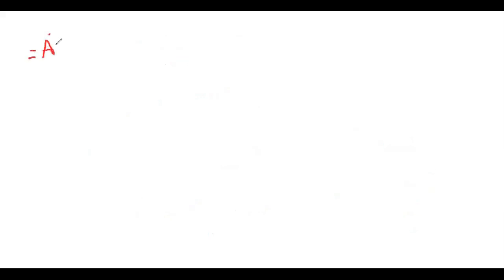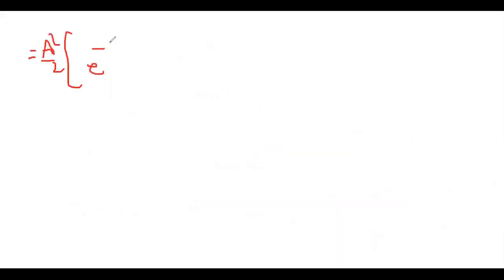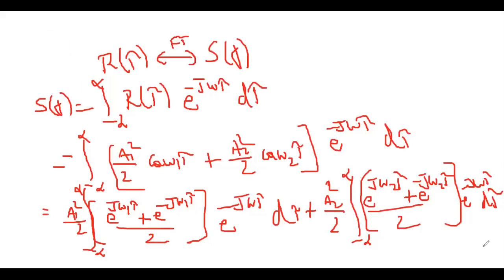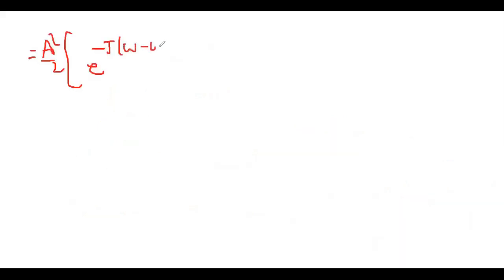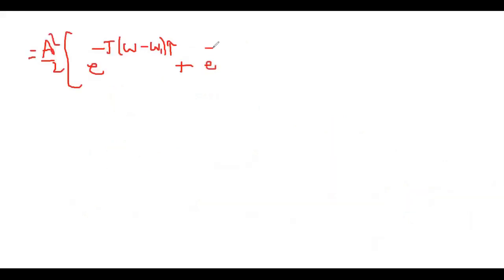It is a1 square by 2 multiplied with the integral from minus infinity to infinity of e power minus j, with minus j common, omega minus omega 1 tau, plus, for the second one, e power minus j omega plus omega 1 tau, d tau.